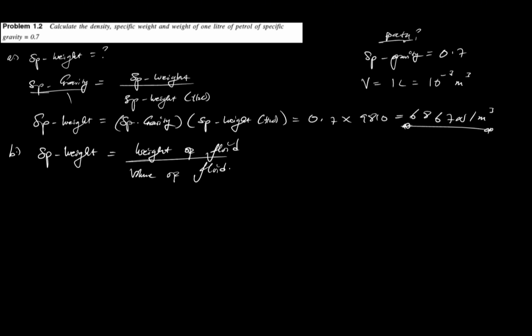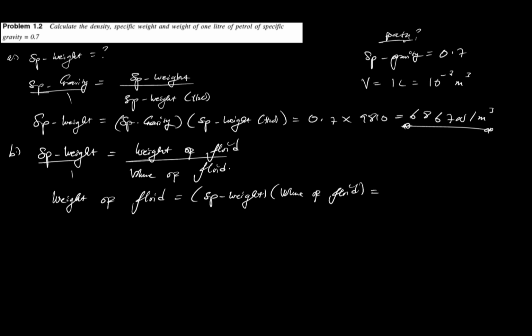So for us to find the actual weight, we'll also do a cross multiplication here, and we'll say the weight of the fluid is equal to the specific weight multiplied by the volume of the fluid.